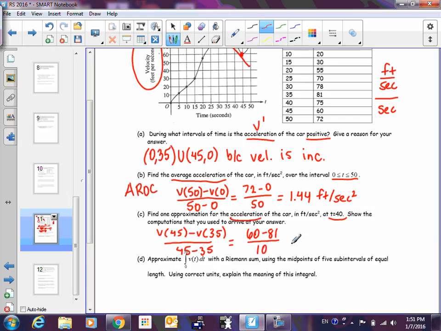If we would have just divided it out, like for negative 2.1, if you wrote 60 minus 81 over 10 or anything equivalent, you're good. You don't have to write the negative 2.1.